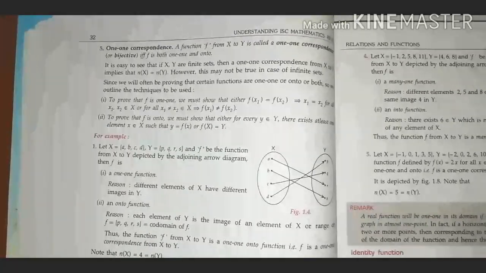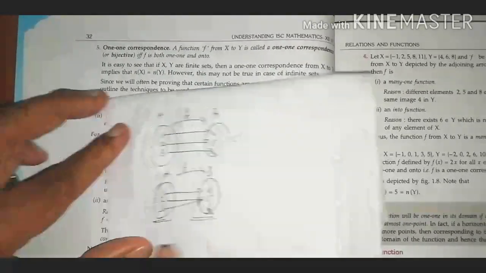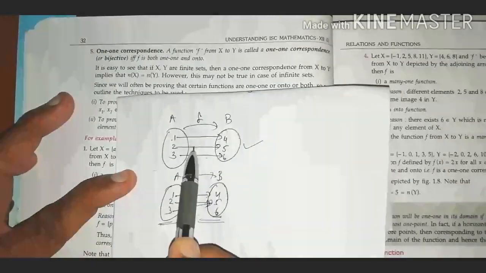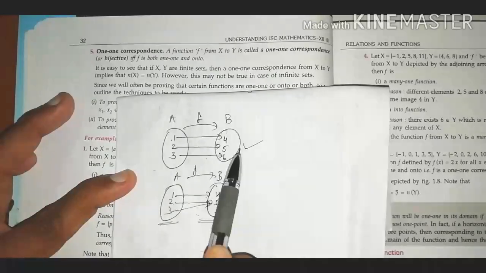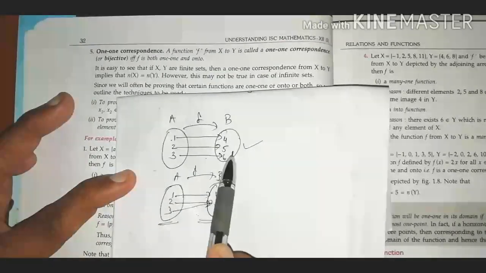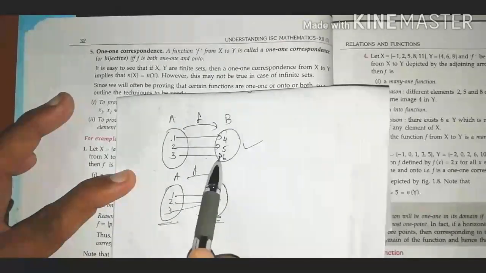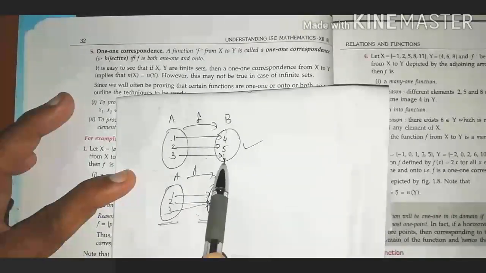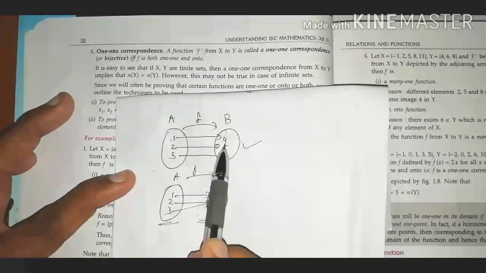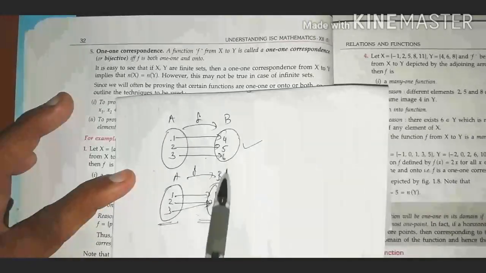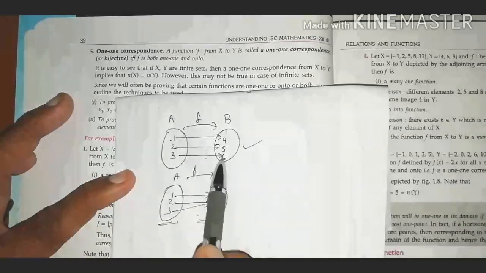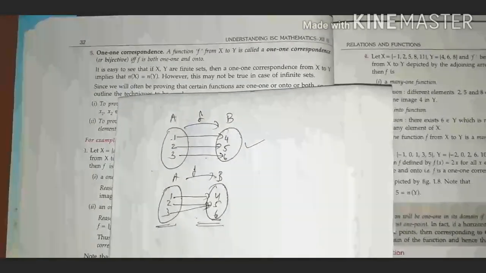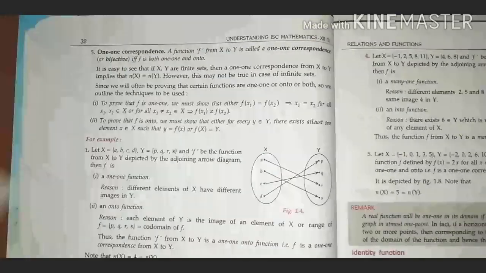Suppose you just consider this example, it is one-one and onto. We have already proved this as bijective. What is the condition here? Here codomain is the set of all 4, 5, 6 and its range is also 4, 5, 6. That is, if codomain and range are the same, then also we can prove that it is bijective.